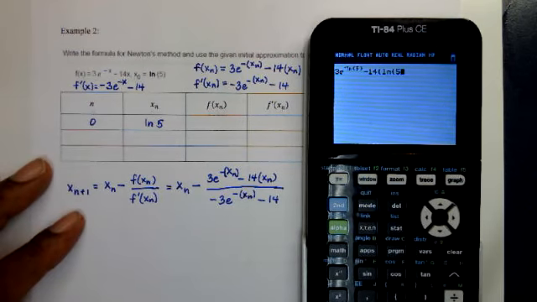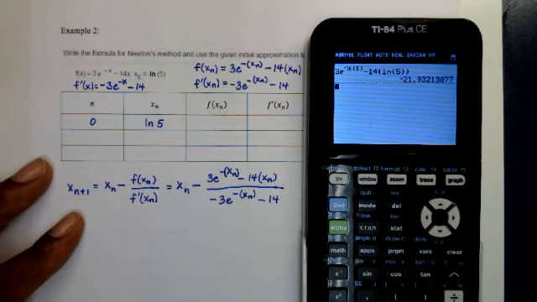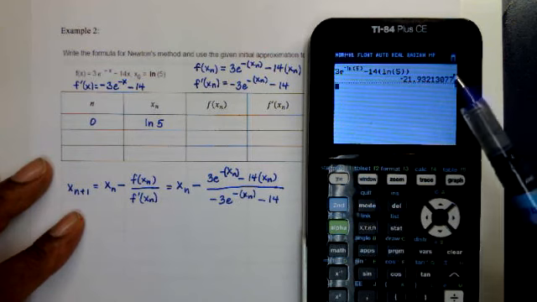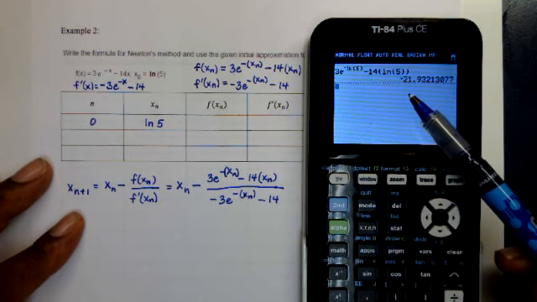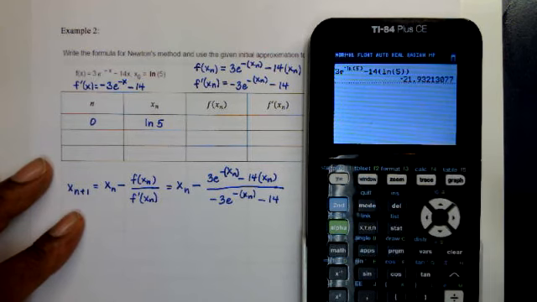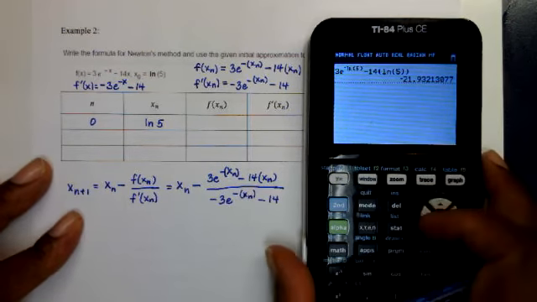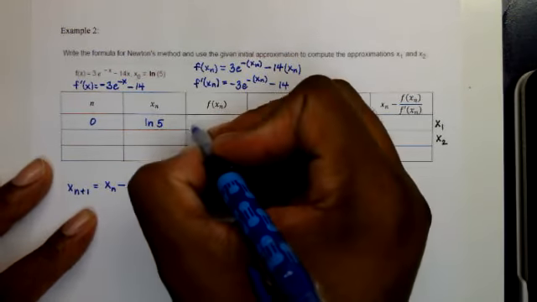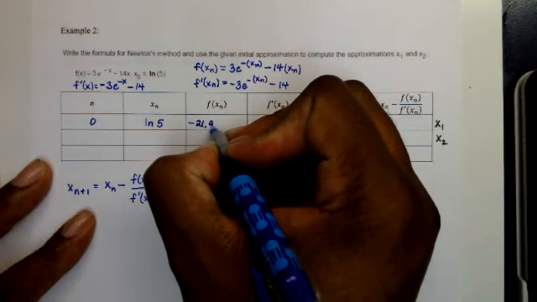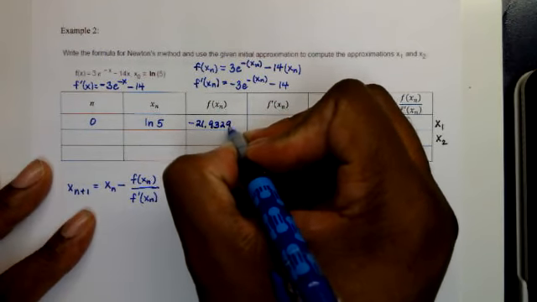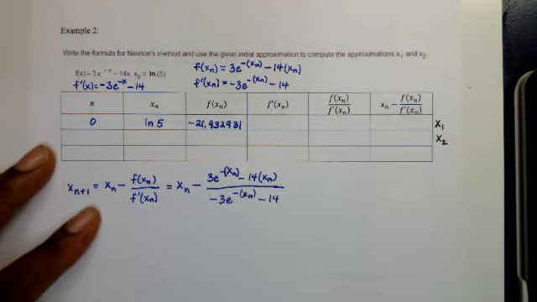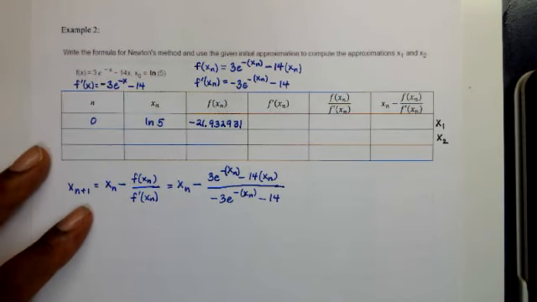So I press ln 5, close parentheses for the 5, and then close parentheses for that left parentheses we typed in, and then press enter. If I want to give this answer to 6 decimal places, this will be -21.932131. That's what f of x of n is.